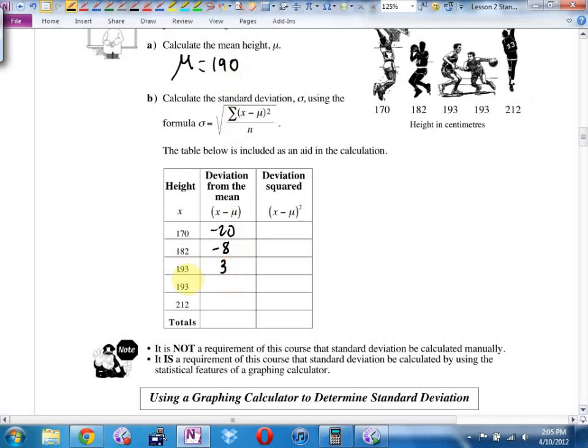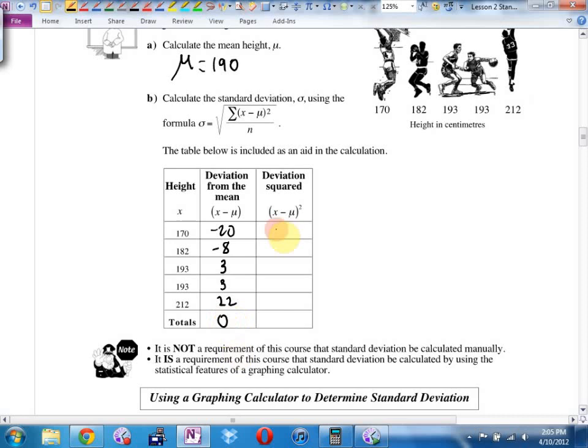Positive 3. 193 minus 190. Positive 3. 212 minus 190. 22. If you add these up, you'll get 0. That's why we don't use those.